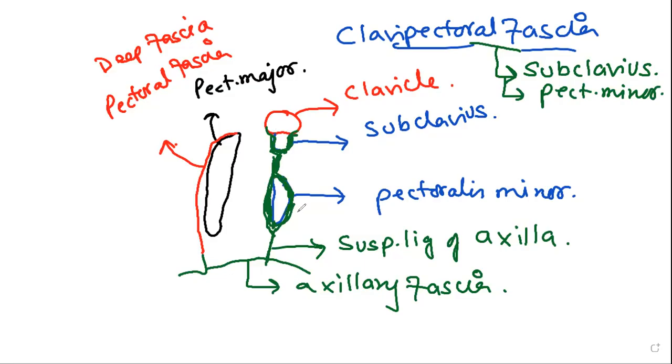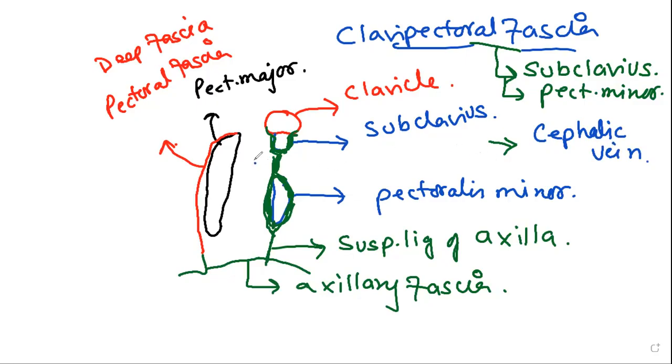Now see here. Now there are some structures which are piercing this clavipectoral fascia. Number one structure which is piercing the clavipectoral fascia is your cephalic vein. So I can draw a diagram like this.